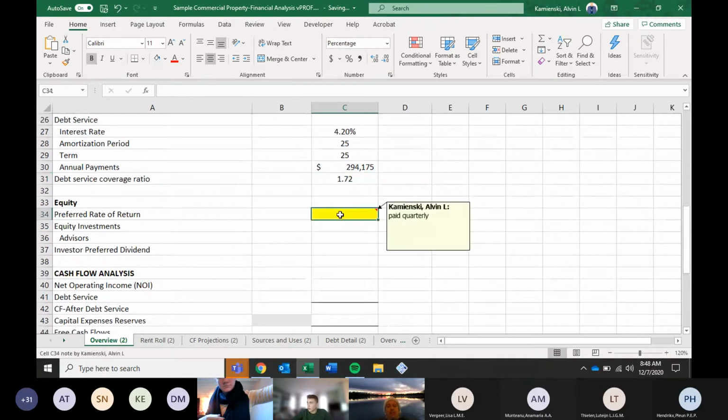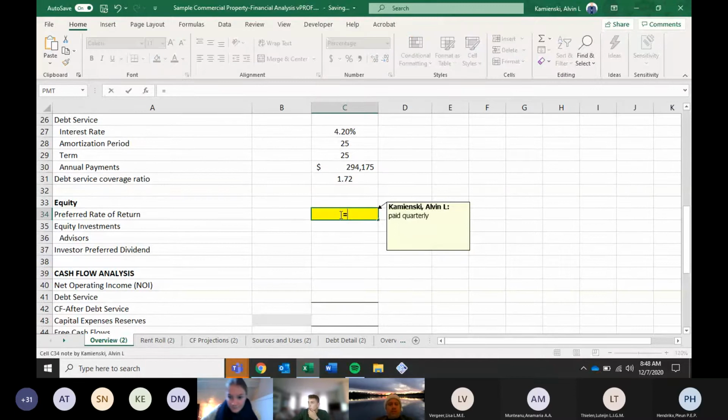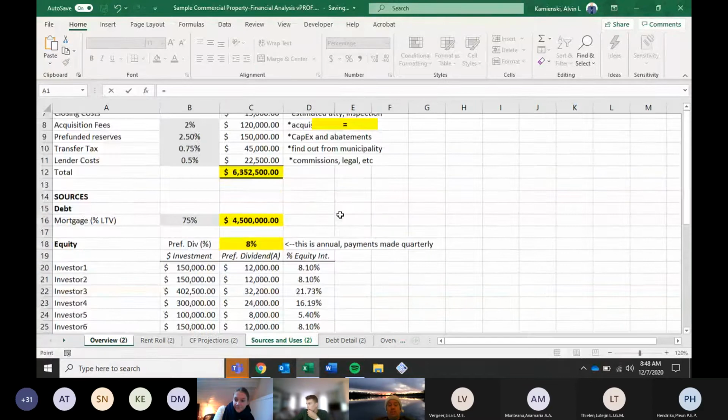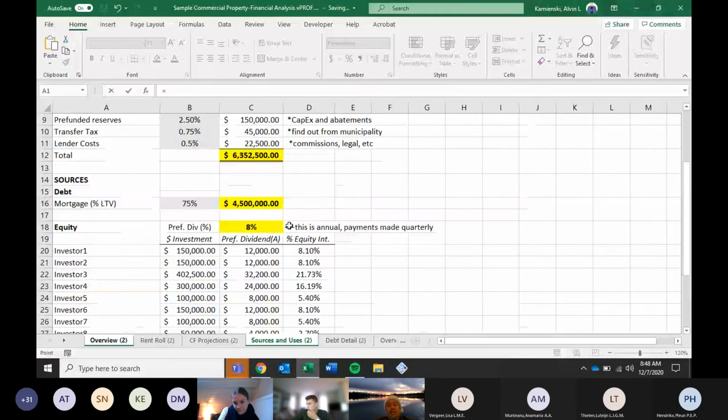So when we get to equity then, what we had said is, all right, Maurice is liking the deal right now. And he's like, well, all right, remind me, what rate of return are we going to get? And so in our sources and uses statement, we had declared we are going to pay an 8% annual dividend where we will make our payments to you every single quarter.